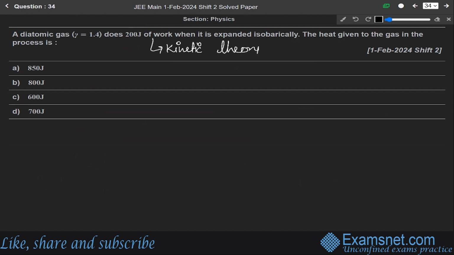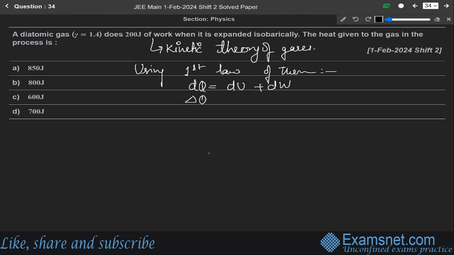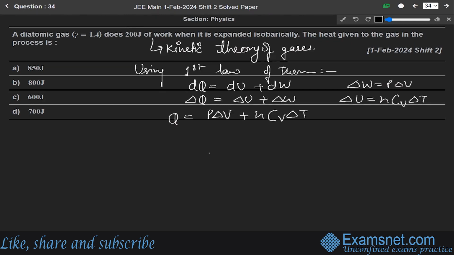Kinetic theory of gases. So, using the first law of thermodynamics, dQ equals dU plus dW, meaning delta Q equals delta U plus delta W. And we know that delta W equals P delta V, and delta U is n Cv delta T. So Q will be equal to P delta V plus n Cv delta T. And Cv equals R over gamma minus 1, where gamma is the adiabatic constant.